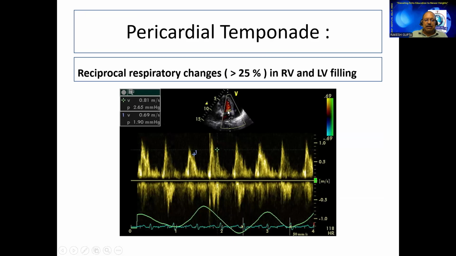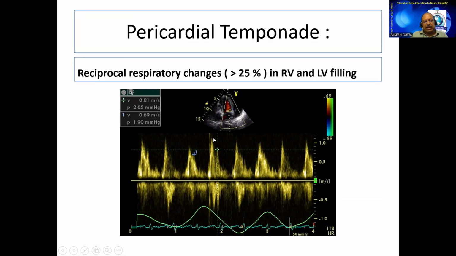Now, is this mitral or tricuspid? If it is increasing with inspiration, this is a tricuspid flow pattern. If it is decreasing during expiration, it will be a mitral flow pattern. So here is the person who has increased flow patterns with inspiration and decreasing with expiration.